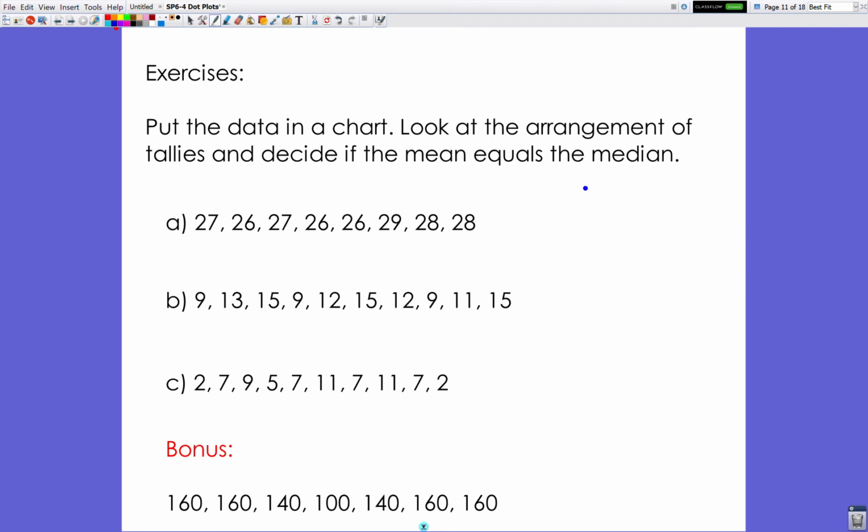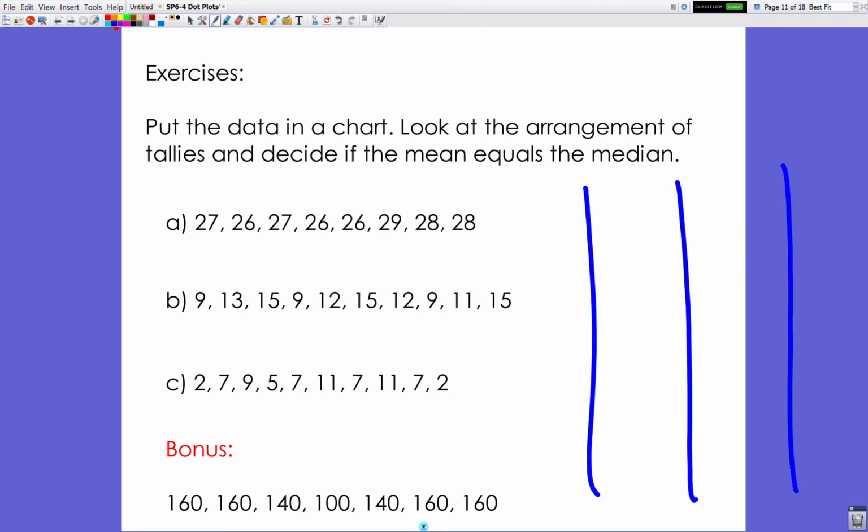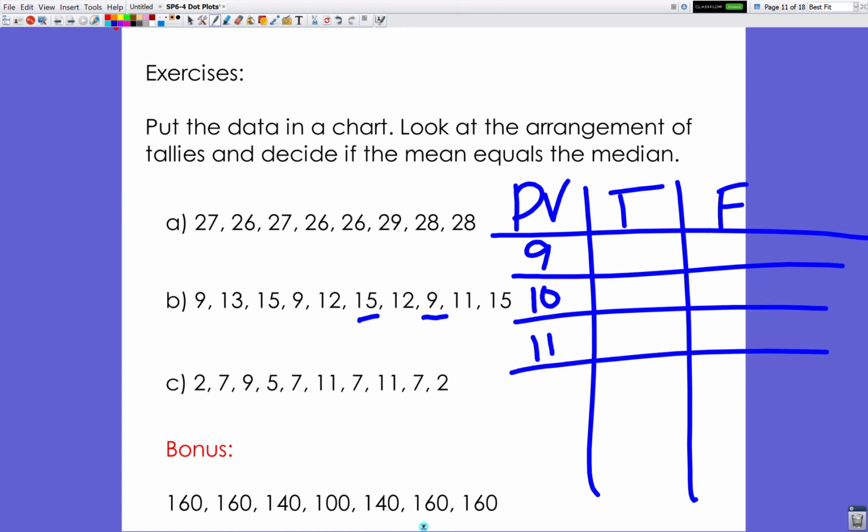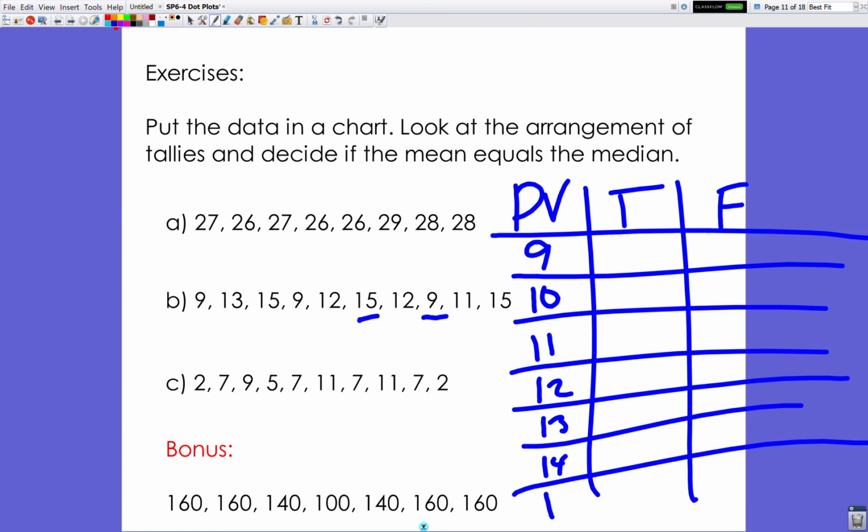So again, I need 3 sections. Data value, tally, and frequency. We got all the way from 9 to 15. So 9, 10, 11, 12, 13, 14, 15.